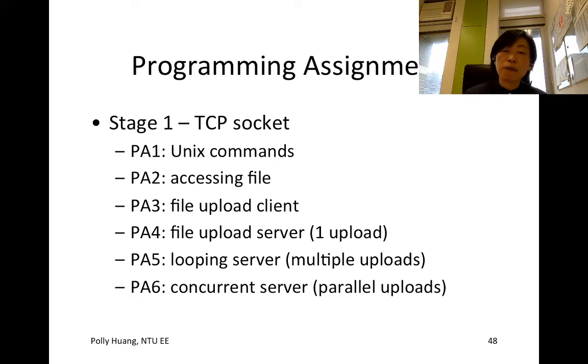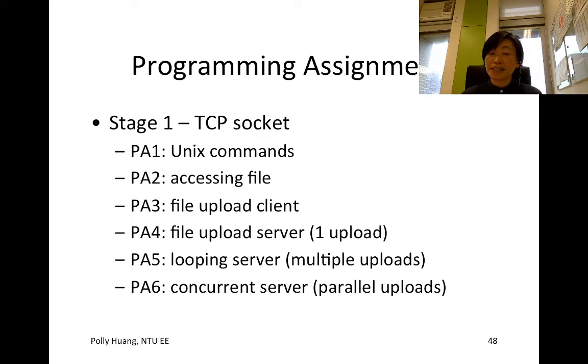In PA4, I ask you to do just one upload, and then you can close your server program. Now, PA5 extends PA4 a little bit further so that it allows multiple uploads. So your server will be looping forever, allowing the client to upload not just one file, but more files. All right?